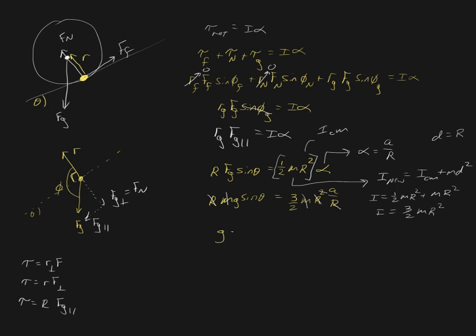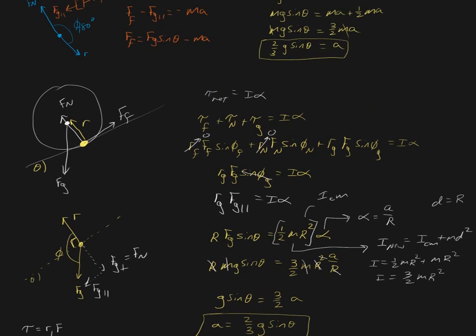So cleaning this up, we have g sine theta is equal to 3/2 a, so that a is equal to 2/3 g sine theta, which is exactly what we had in the prior part of our problem up above. If I take you up there, you can see there it is. 2/3 g sine theta.